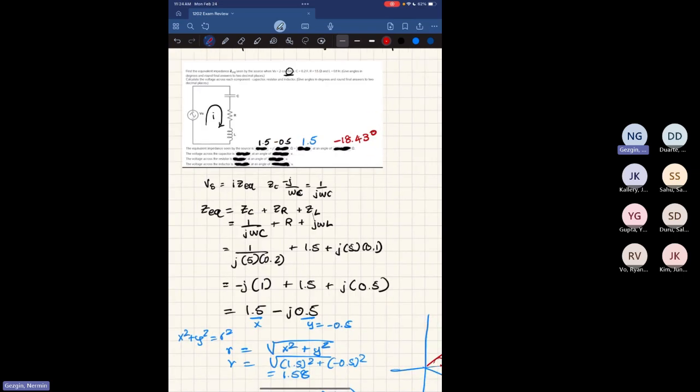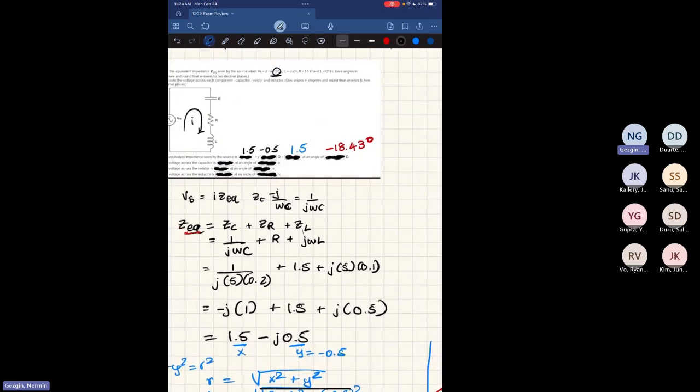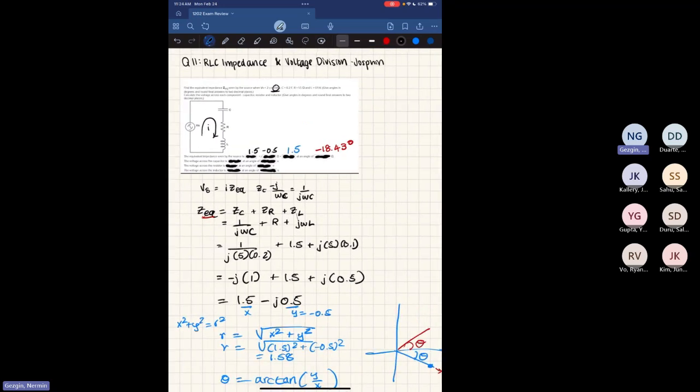So now that we found Z equals, we can find the voltage across the capacitor. So here we are going back to voltage division. So we set an expression for I. So I is equal to Vs over Z equals.